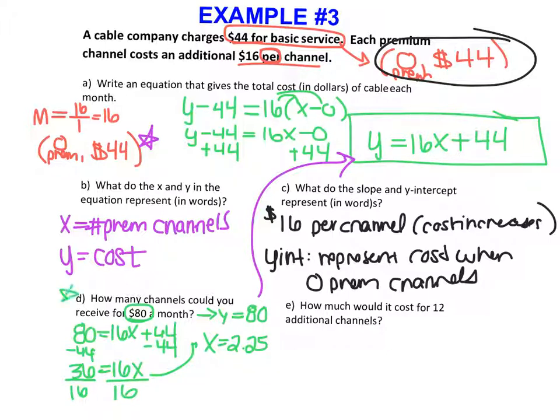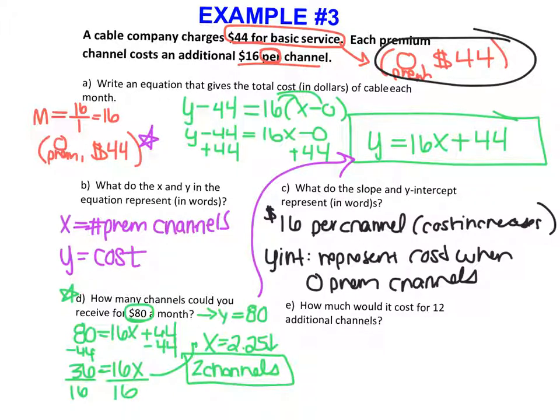So this question is saying how many channels could you receive if you could spend $80 a month? You here would have to round down and say that you could receive 2 channels at most. You don't quite have enough to get that third extra channel. We only have enough for 2 channels.